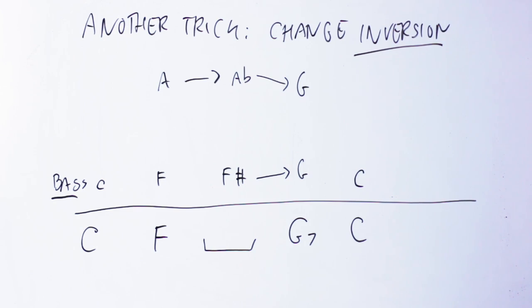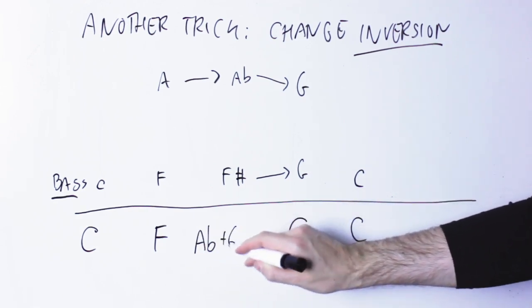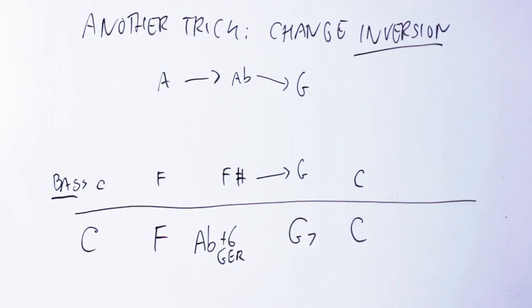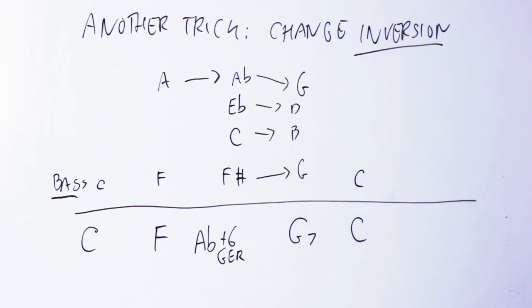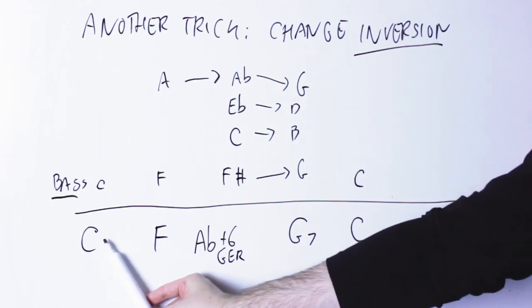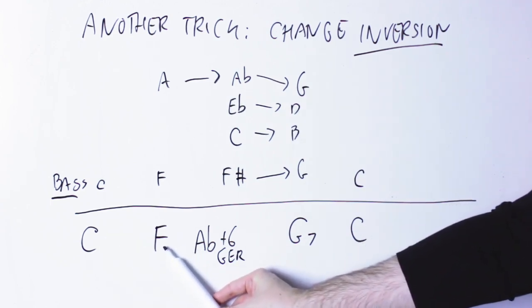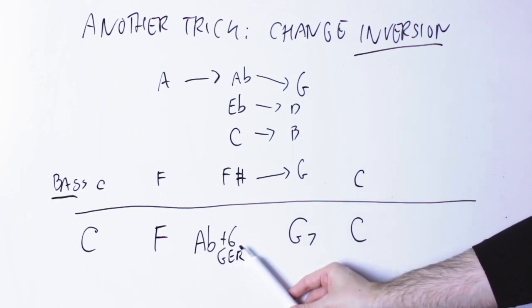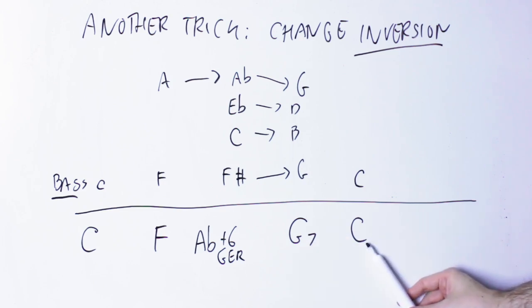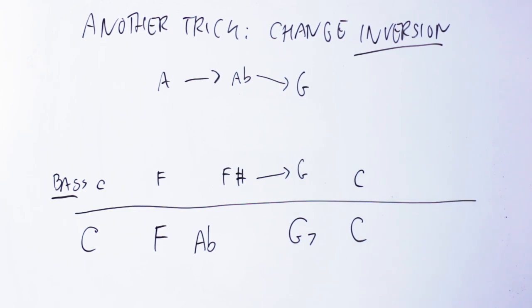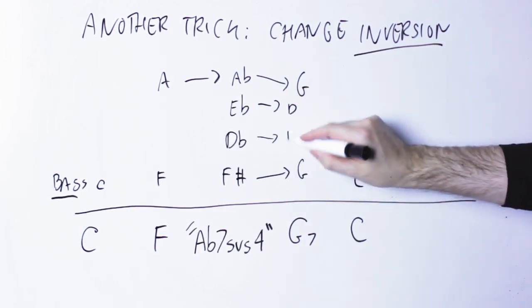Well, let's first play a standard German augmented 6th chord, which you may remember being equivalent to an A flat 7th chord. What would happen if I play this? Now let's try to play an A flat 7 sus 4 instead of this.